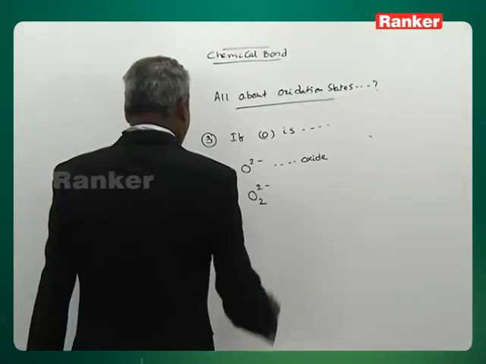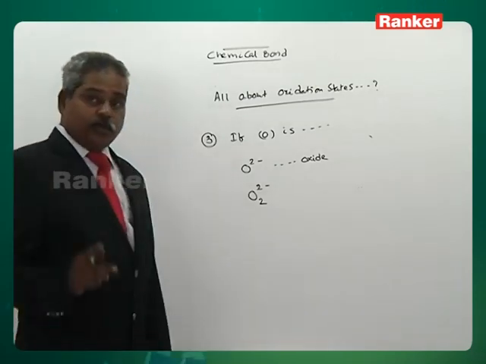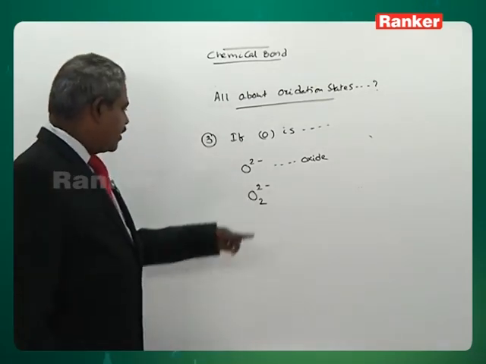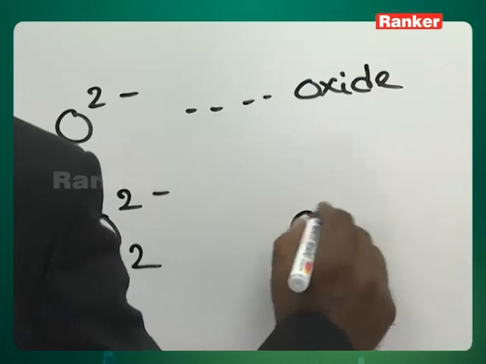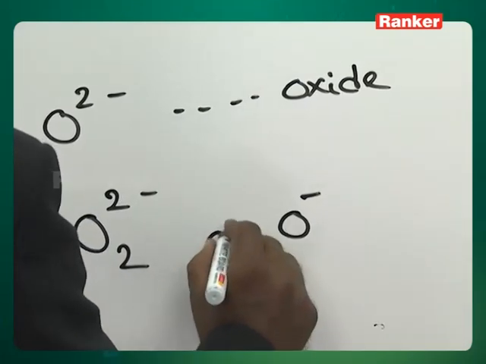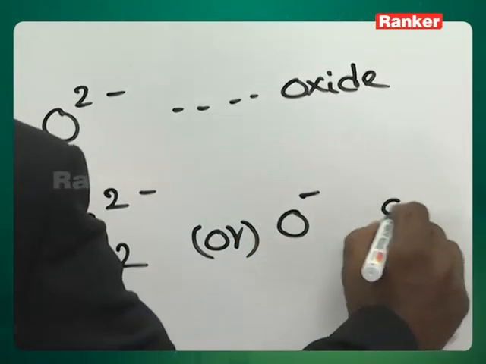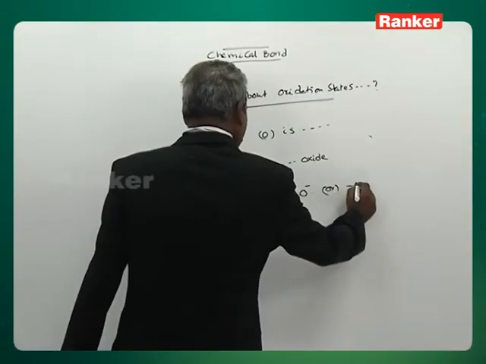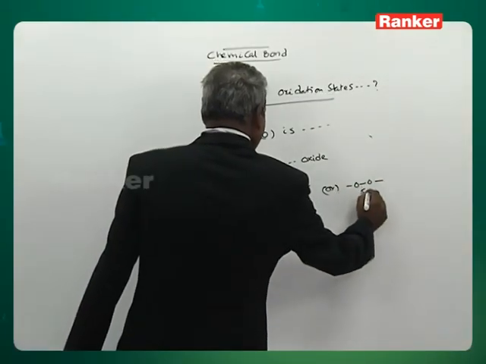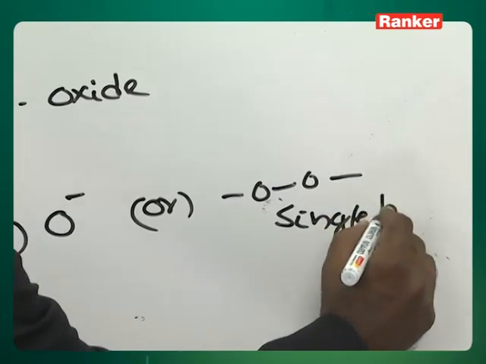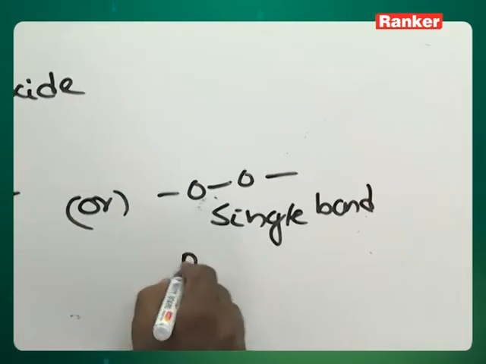What do you mean by O2 2 minus? 2 oxygen atoms getting 1 electron each, that is, each oxygen is O minus, with an oxygen-oxygen single bond. Whichever compound has an oxygen-oxygen single bond, that is called a peroxide.